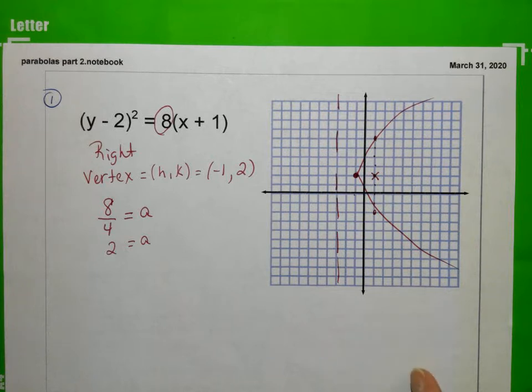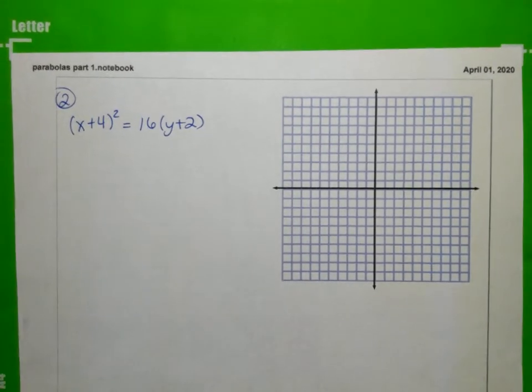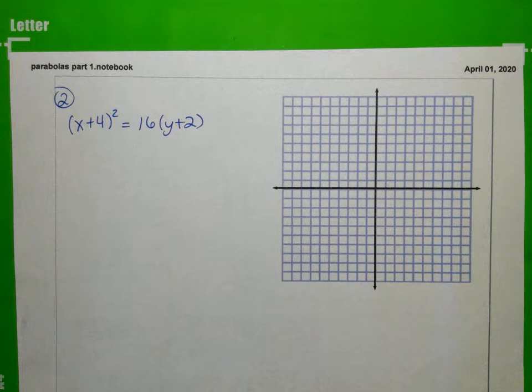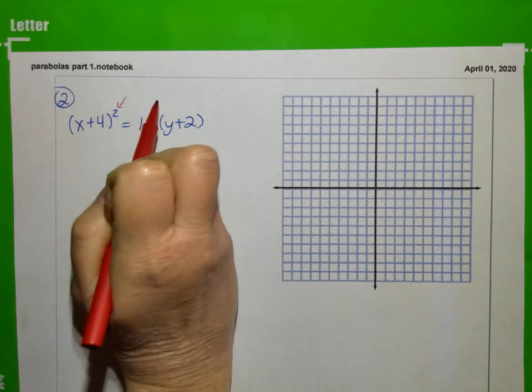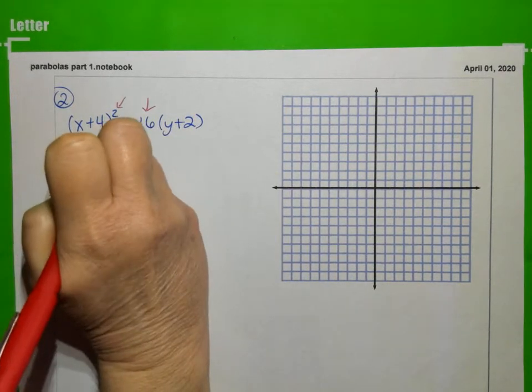All right, then let's try number 2. Here's number 2. (x+4) squared is 16(y+2). It's x squared, so looking at my equations, x is the square, and it's a positive number, so x squared and positive opens up. Correct.